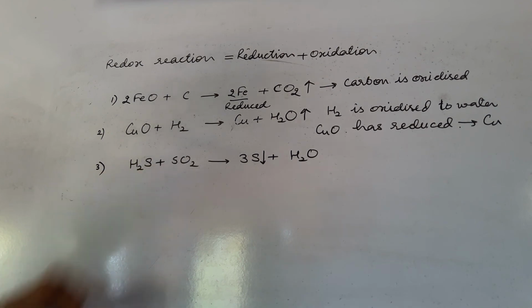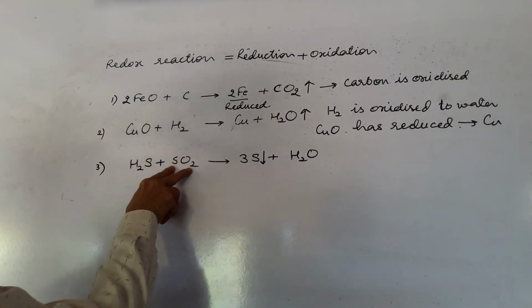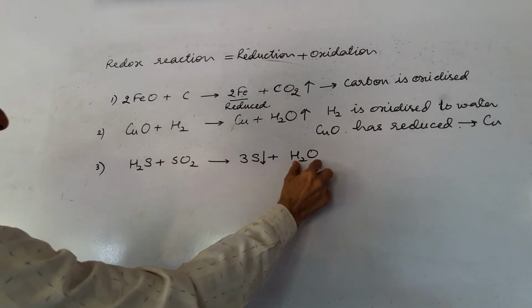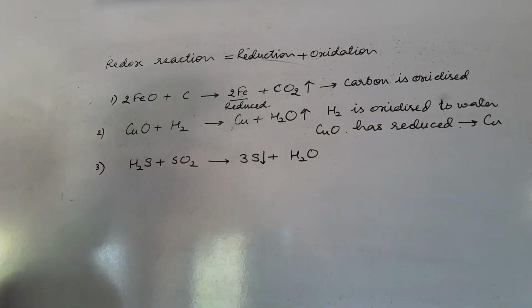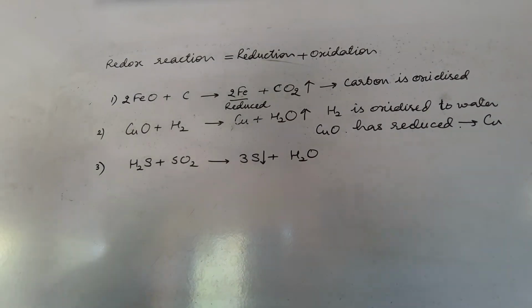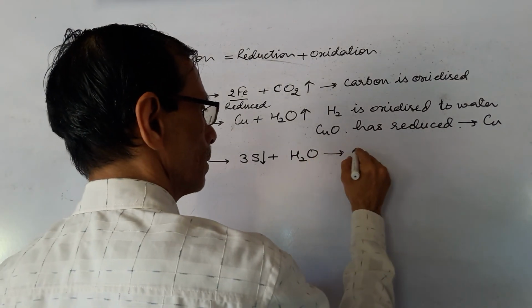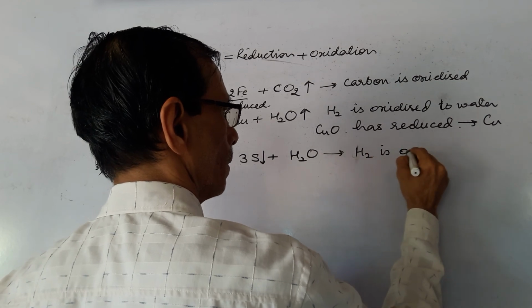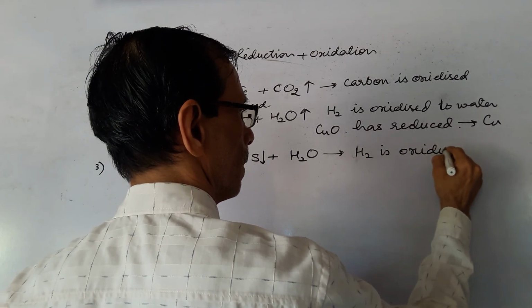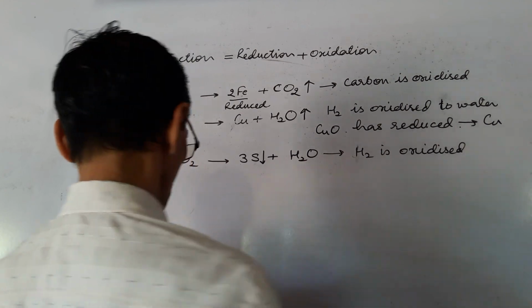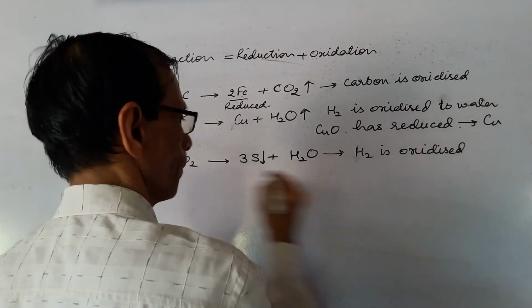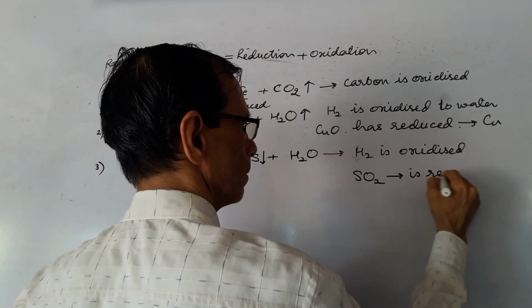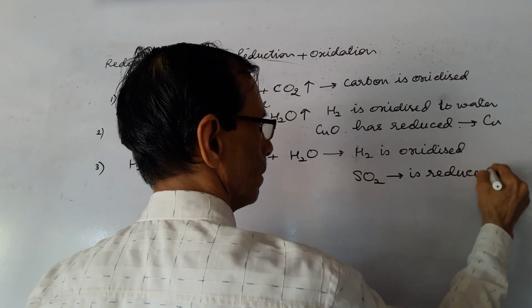Hydrogen has combined with oxygen, so hydrogen is oxidized, and that's why sulfur dioxide is reduced to sulfur.